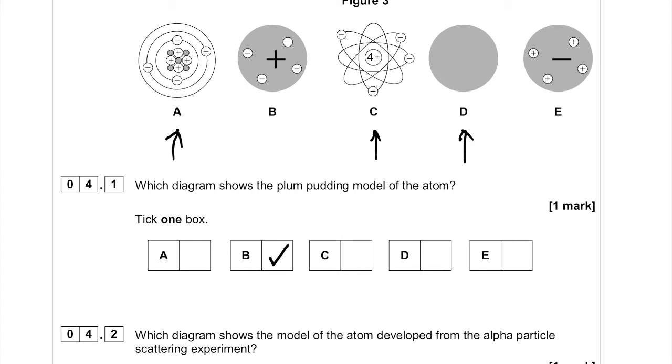If backscattering does happen, that would mean there is a concentrated positive charge rather than a plum pudding positive field of charge. So there are A and C as our potentially correct answers.